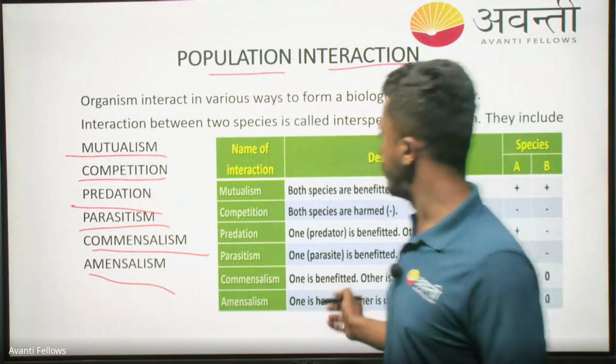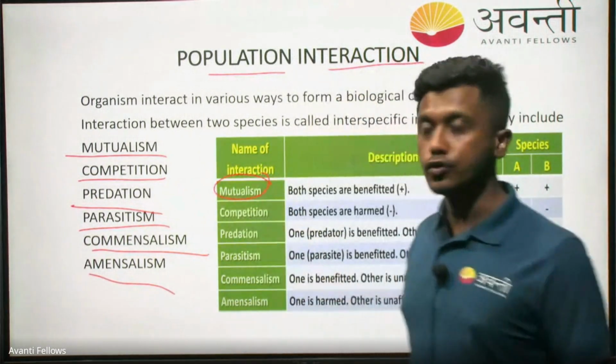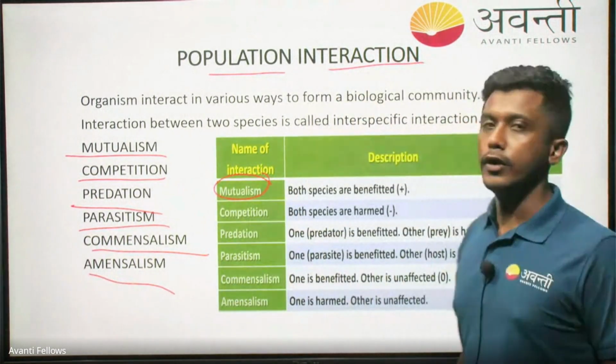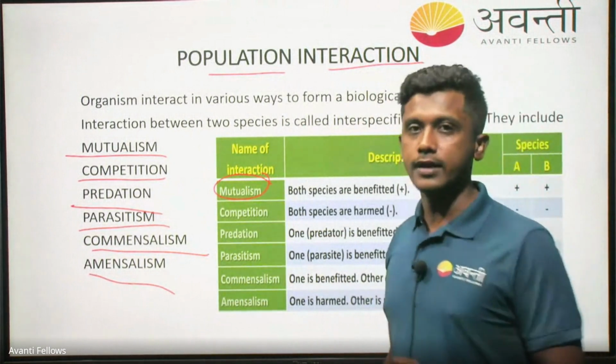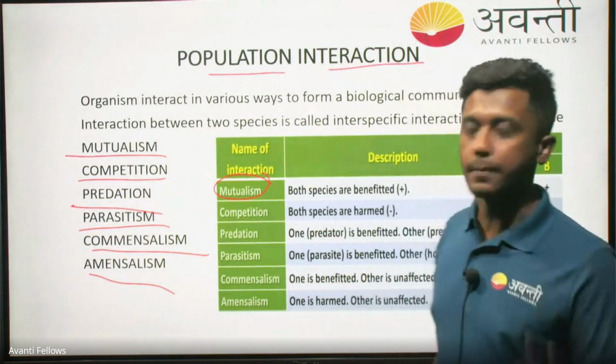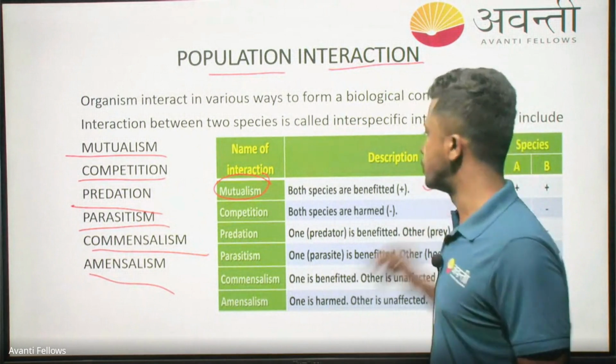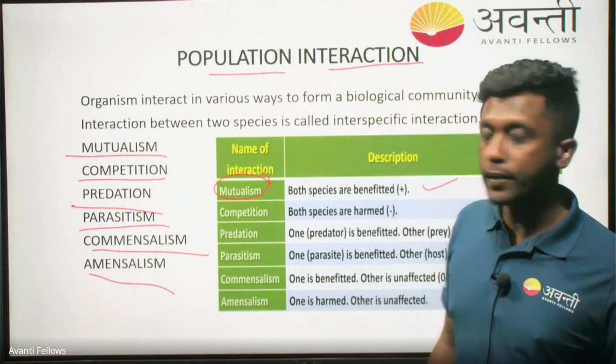So we have the definition for that. What is mutualism? When two species are interacting, and both the species are benefited, that is called mutualism. What is competition?